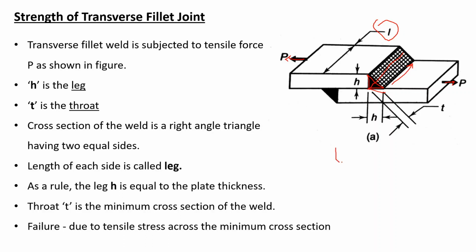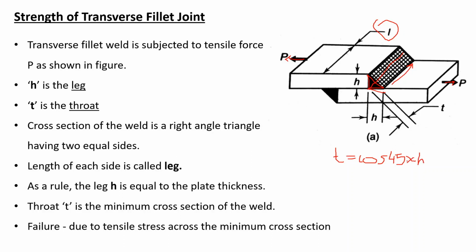So your T in this case will also be equal to cos 45 times the leg of the weld, or H.